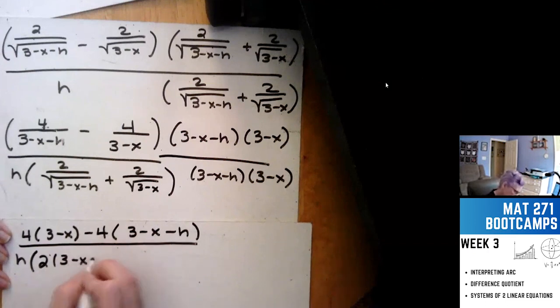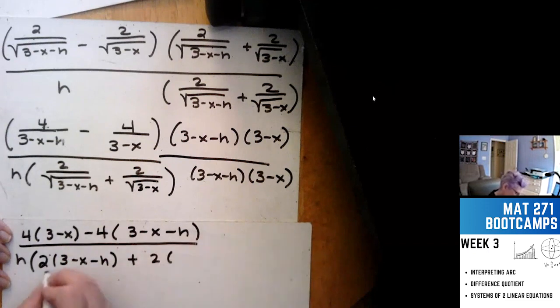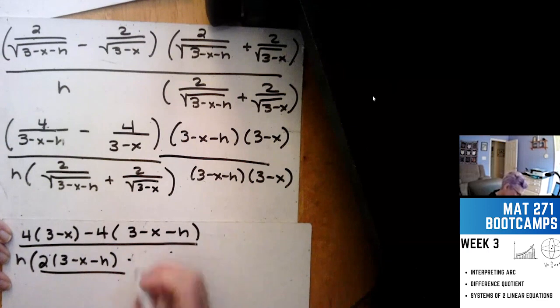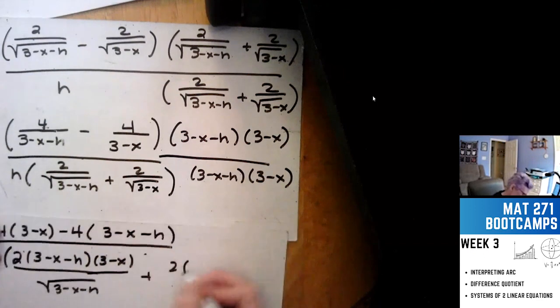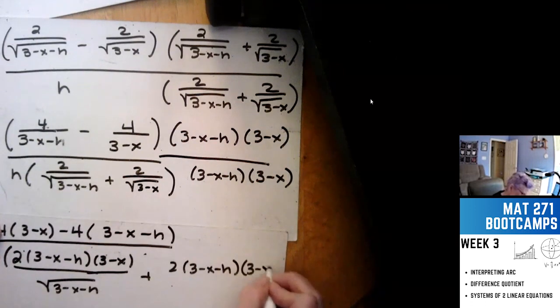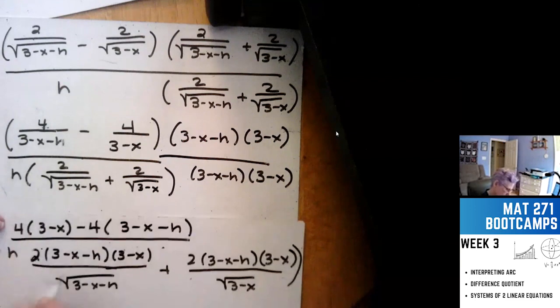I'm going to go ahead and just write it, plus 2 times on top of, yeah, I need the 3 minus x on top of the square root of 3 minus x minus h plus 2 times 3 minus x minus h times 3 minus x sitting on top of the square root of 3 minus x.